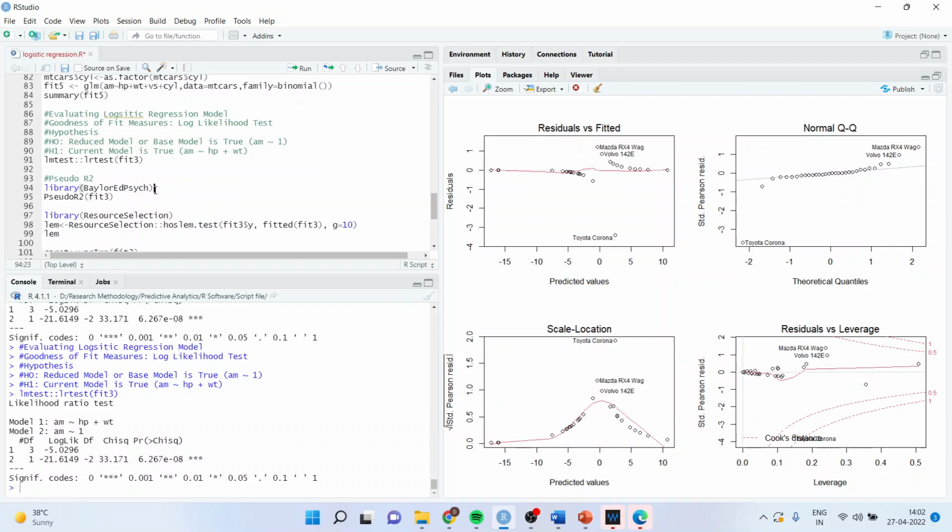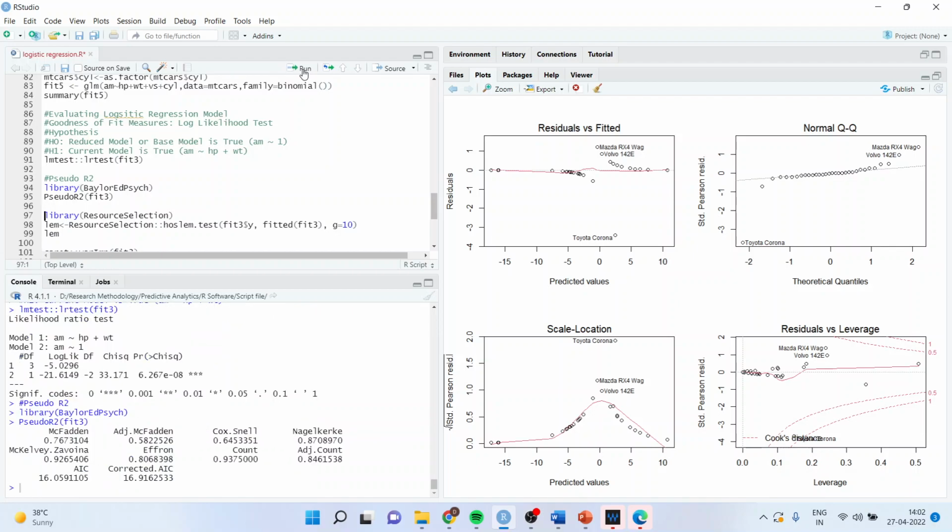I'll use the library BaylorEdPsych because the pseudo R-squares are there. I'll load the library and run it. You can see Cox and Snell R-square is 0.645. Nagelkerke is also a good one. McFadden is also good, and adjusted McFadden is a little bit less, but most of them are nearer to 1, and therefore it's a good scenario.